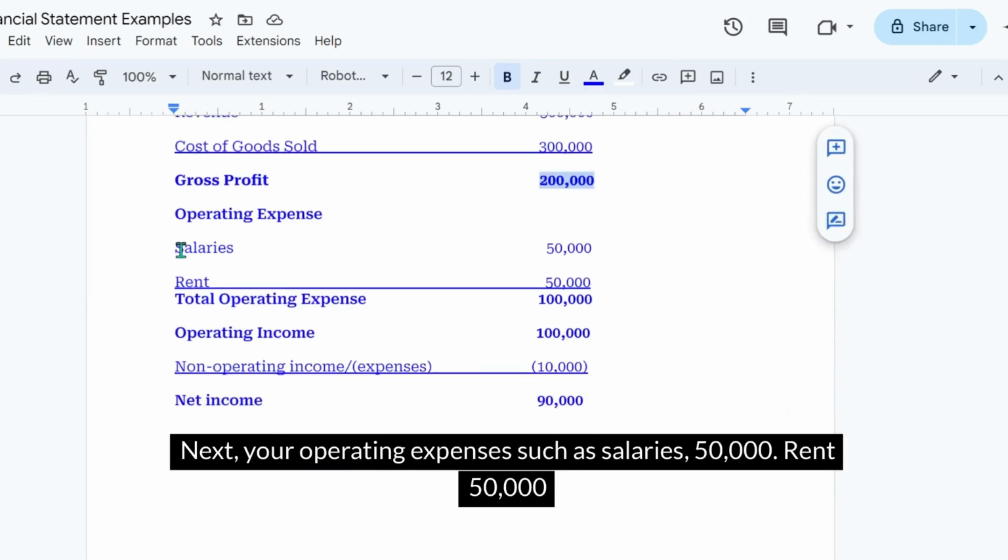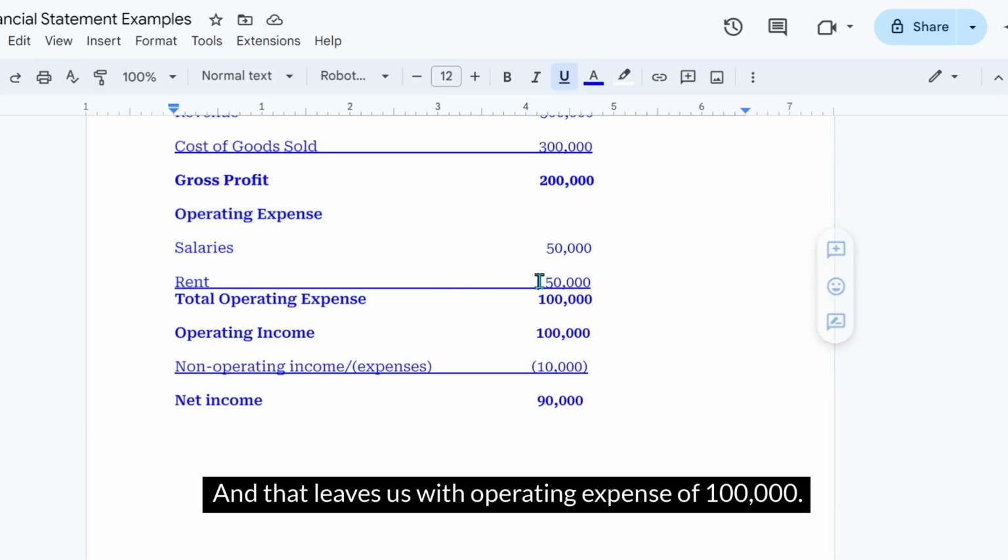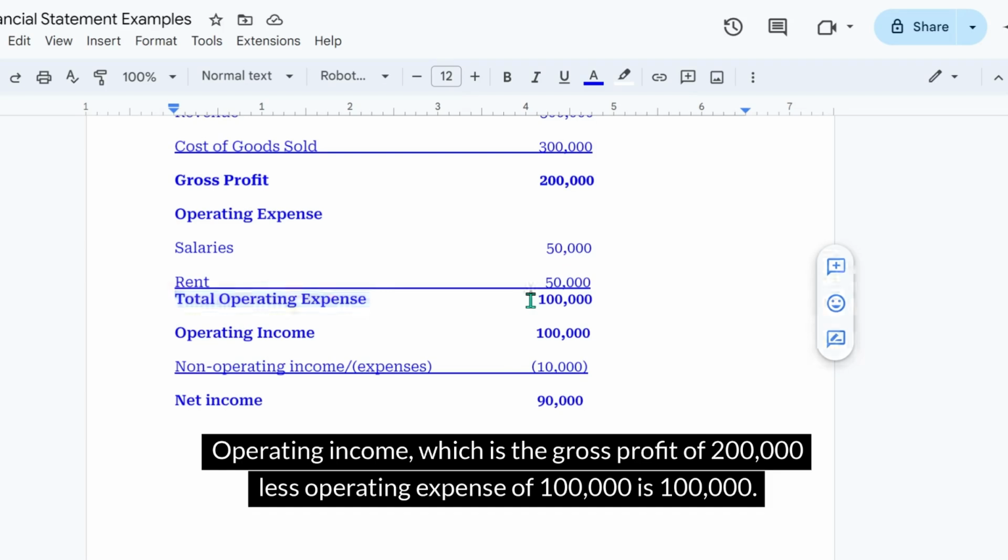Next, your operating expenses such as salaries, 50,000, rent 50,000. And that leaves us with operating expense of 100,000. Operating income, which is the gross profit of 200,000 less operating expense of 100,000, is 100,000.